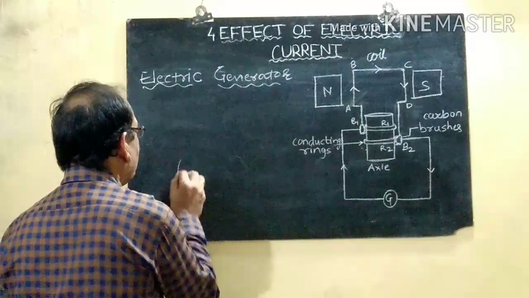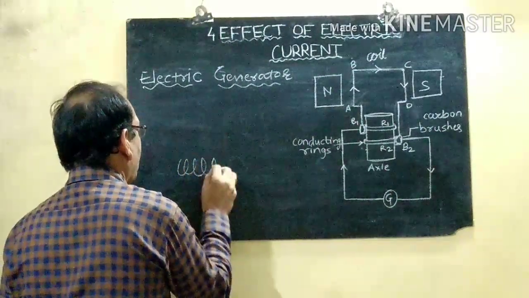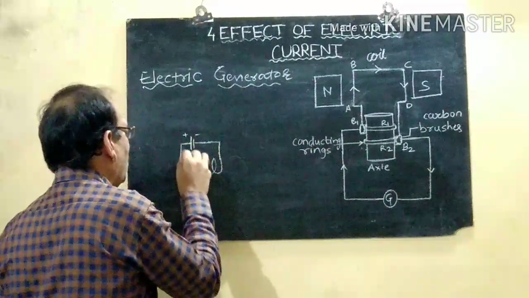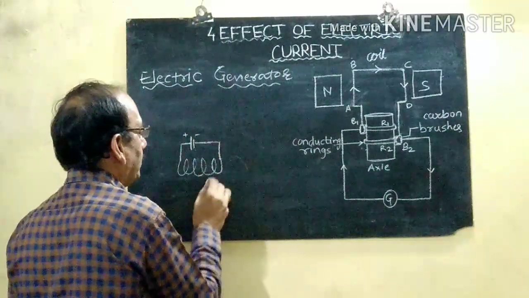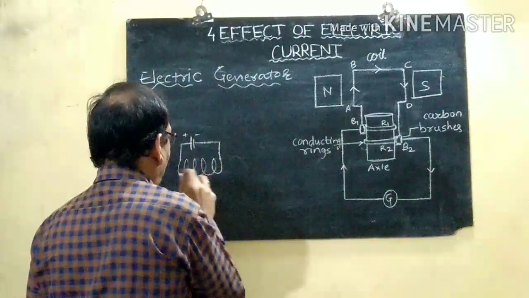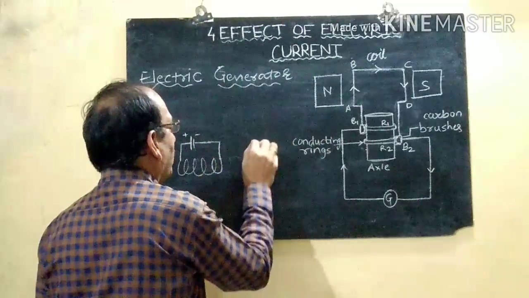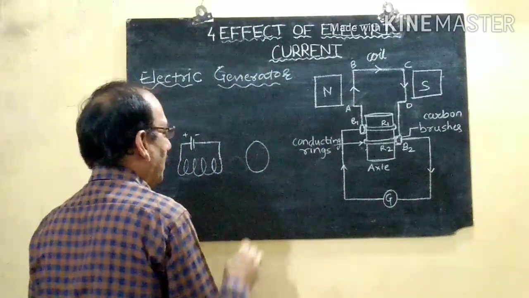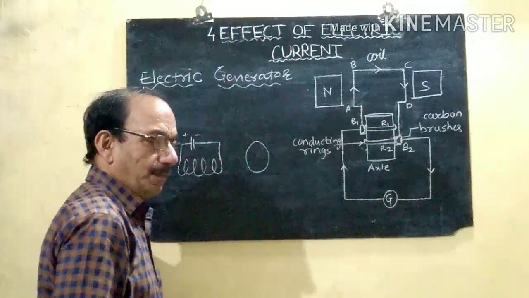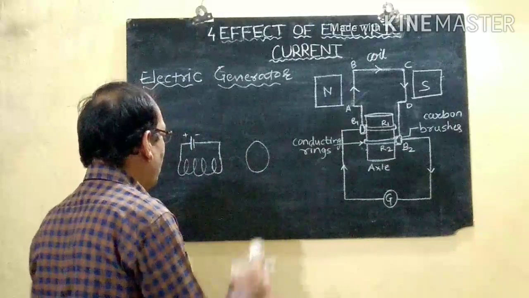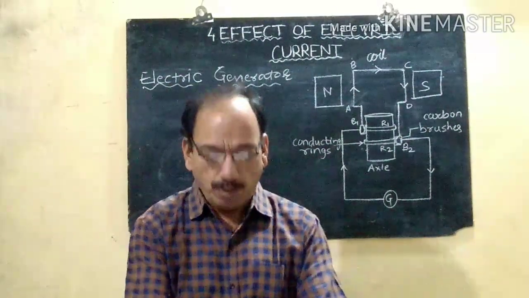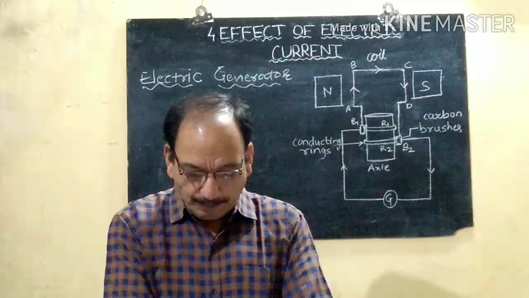In the previous experiment related to Faraday's electromagnetic induction, when we pass the current through this solenoid coil, current is generated in the coil, and the current produced is very small. The current produced due to the change in magnetic field in the coil is very small.